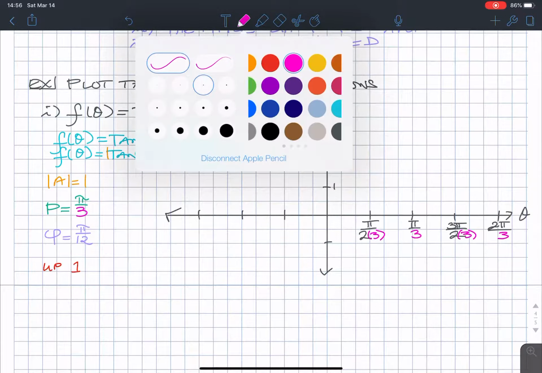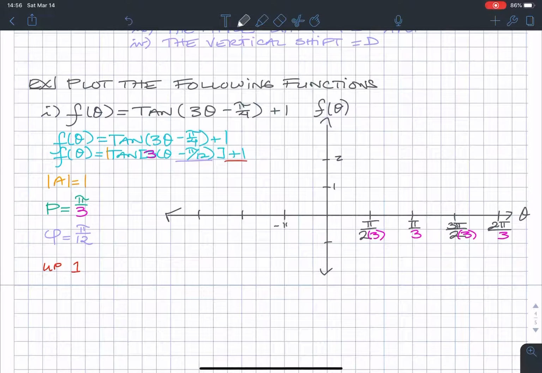So this corresponds to negative pi over 6, negative 2 pi over 6, or pi over 3, negative pi over 2, and, oh shoot, guess it doesn't go all the way, negative 2 pi over 3.